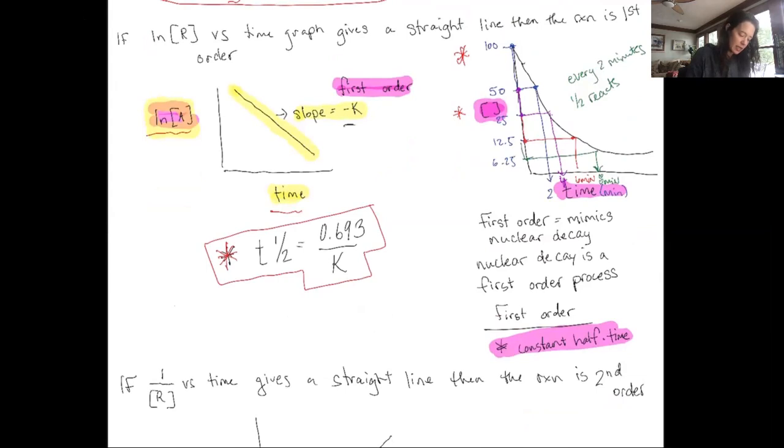There's an easy way to get the half-life, right? I could get the slope of this line, plug it in here, and get the half-life. Or I could get the half-life from here, plug it in here, and get k. There are two different ways to do that.